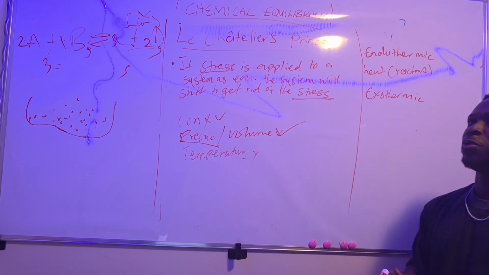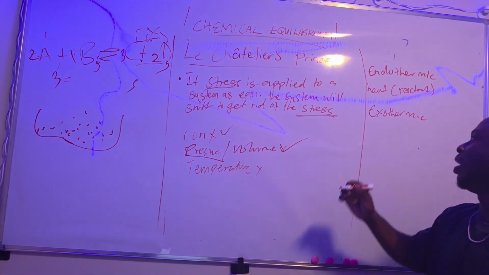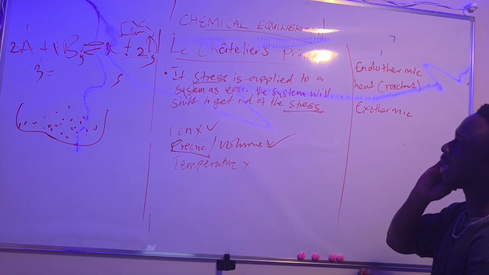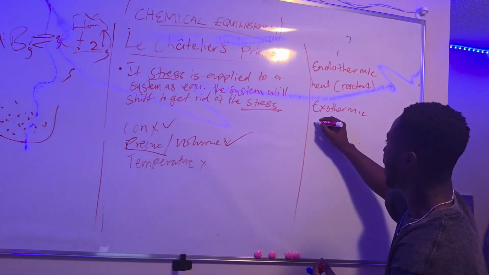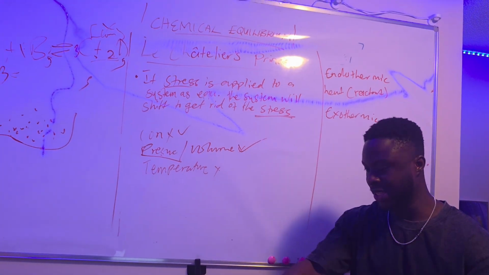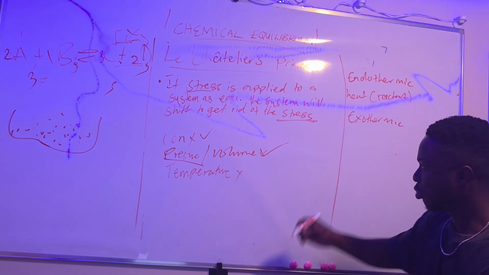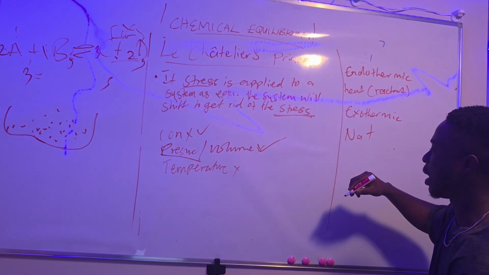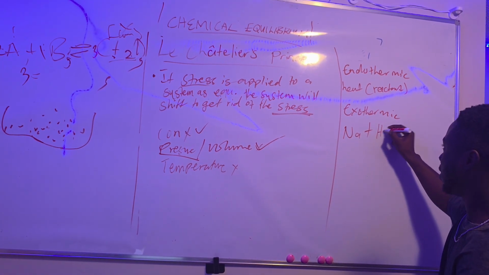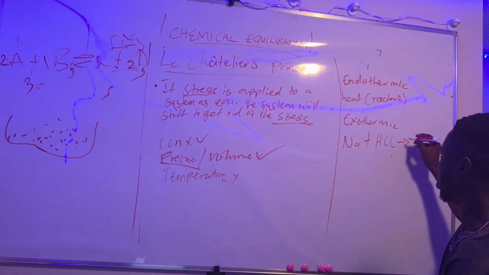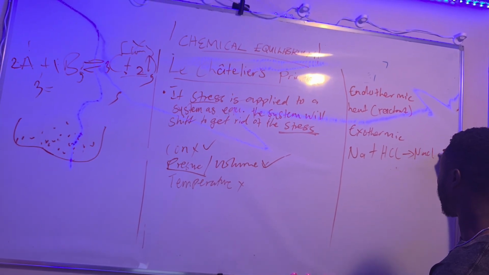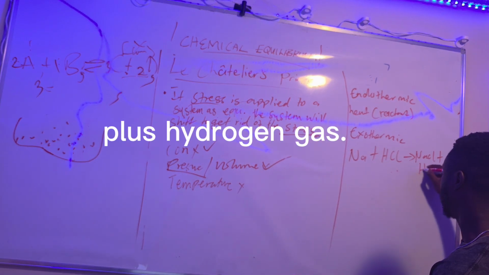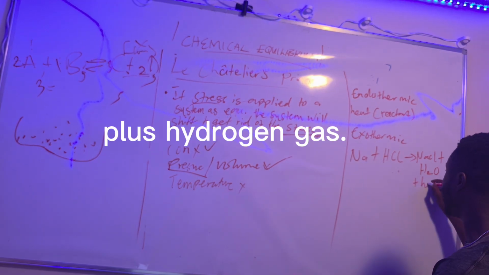Let's say, for instance, let's give a reaction whereby I produce heat as a result, right? Say sodium reacts with an acid, HCl, and it's going to give me sodium chloride plus water with a release of heat.